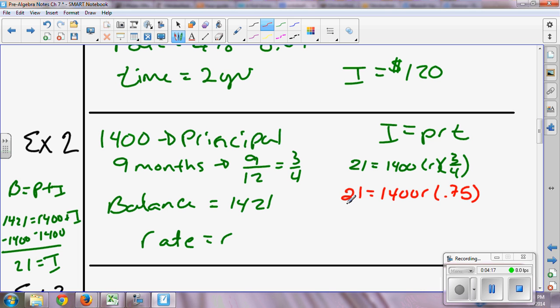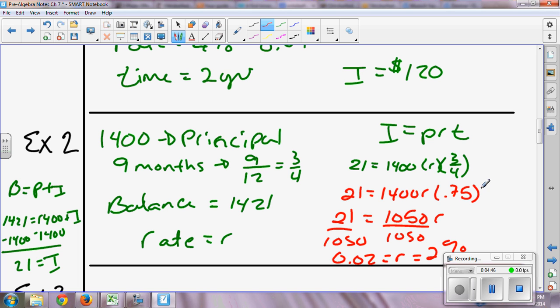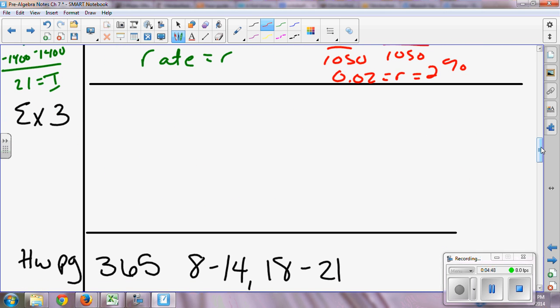So I'm going to take 1,400 times 0.75, I will get 21 equals 1050R. Divide by 1050. 21 divided by 1050 is 0.02. Turn that into a percent and I get 2%. So I have a rate of 2% here.